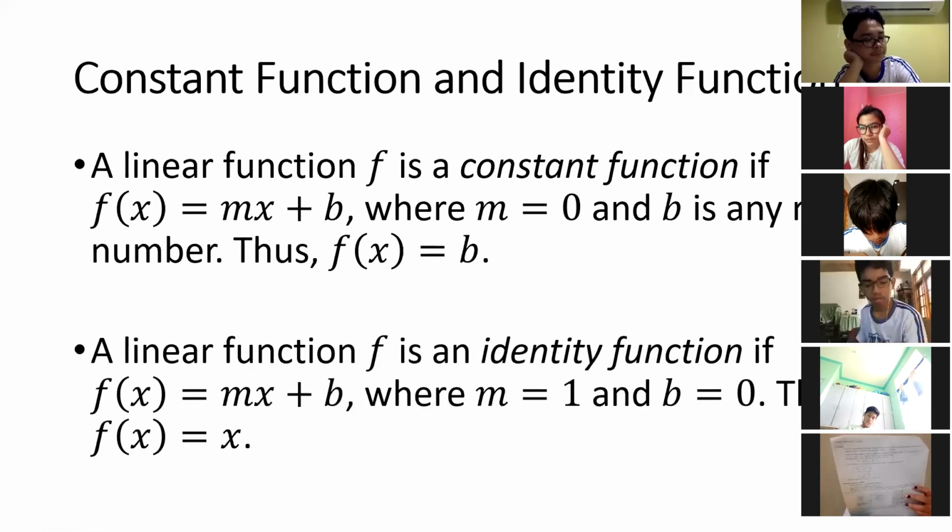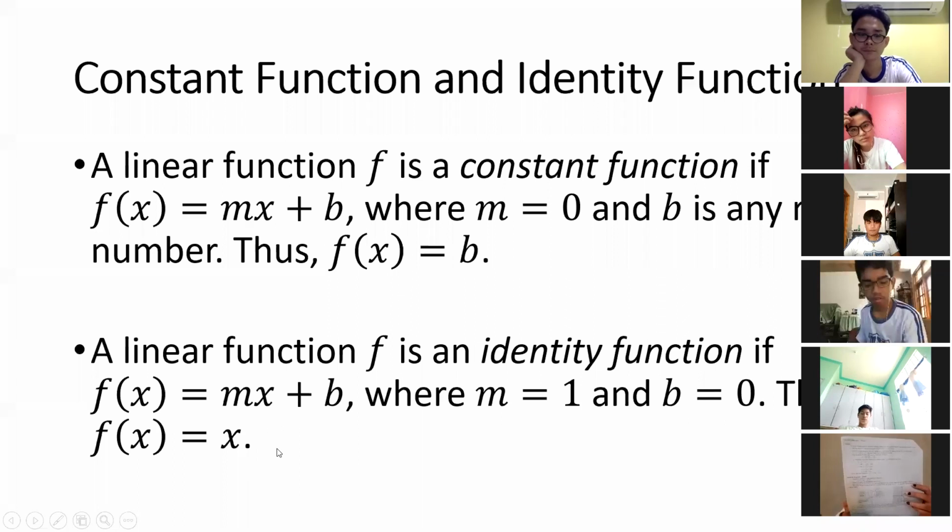Let's proceed with the identity function. If the slope being 0 is a constant function, an identity function has a y-intercept of 0, where the slope is 1. So it's just y equals x, or function f of x equals x. Whatever the value of your x is the value of your y.